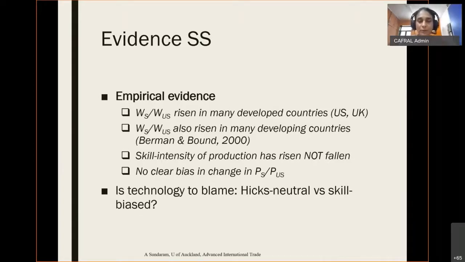Because with automation and AI, you're going to see the exact same effects: robots complement skilled labor, so the skilled wage is going to go up relative to the unskilled wage, right? So that's also an increase in inequality. So empirically, the literature has struggled a lot to disentangle the impact of trade liberalization in advanced countries from just AI and automation.